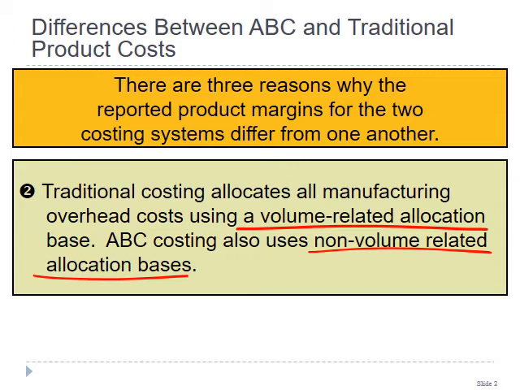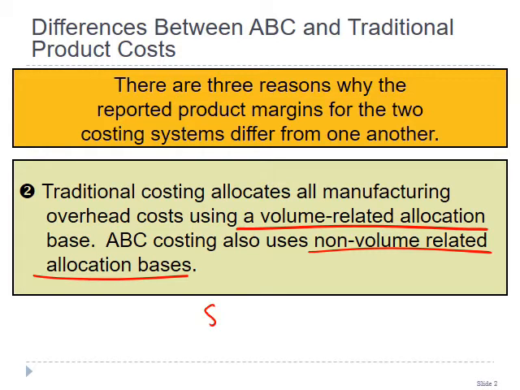For example, the ABC system assigns 60% of the cost to customer orders, right?